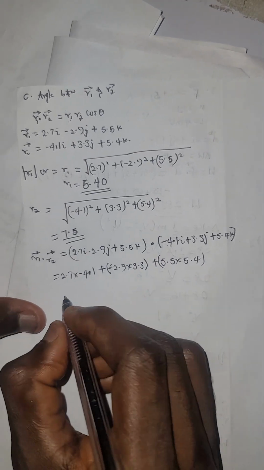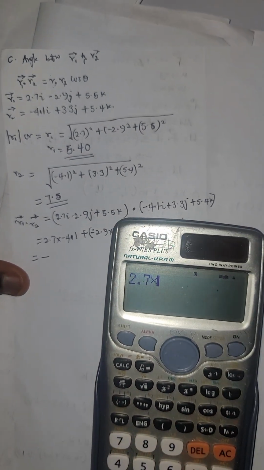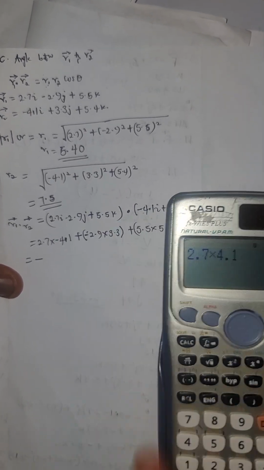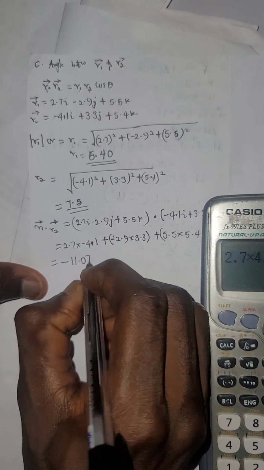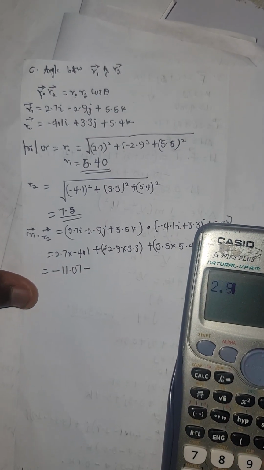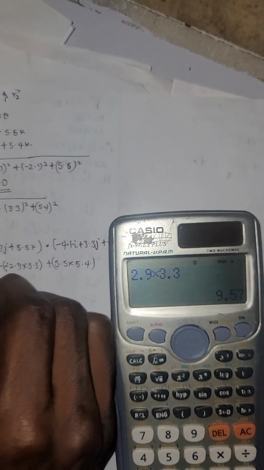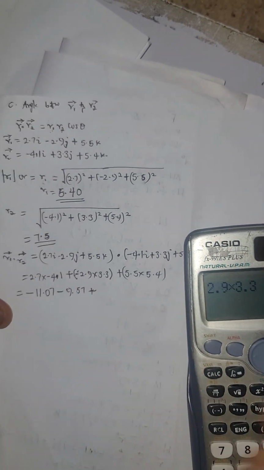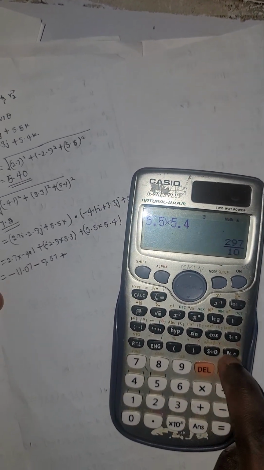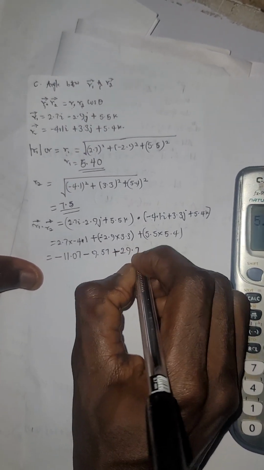So we have minus 11.07 minus 9.57 plus 29.7.